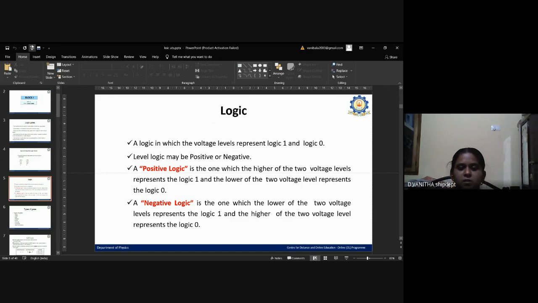Positive logic means the higher of two voltage levels represents logic 1 and the lower of the two voltage levels represents logic 0. Negative logic means the lower of the two levels represents logic 1, and the higher of the two voltage levels represents logic 0. So it is called negative logic.